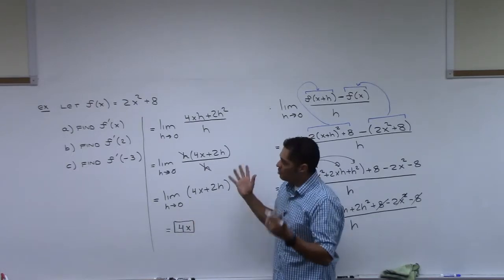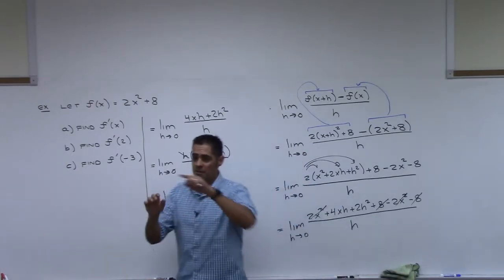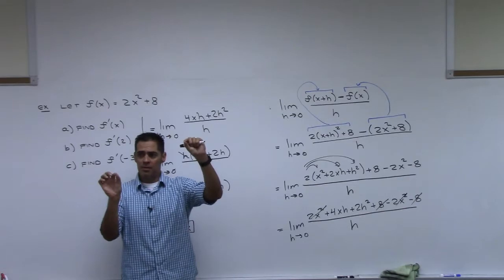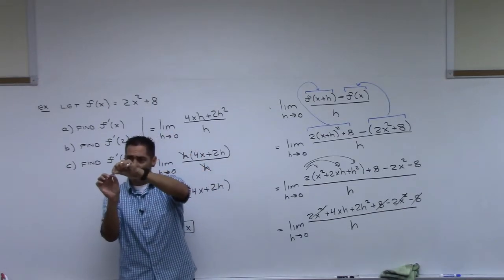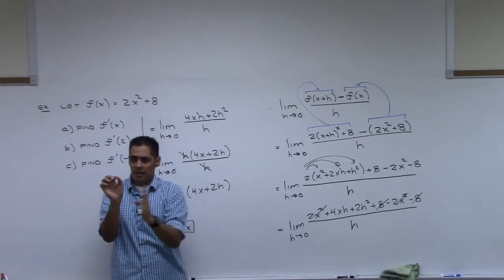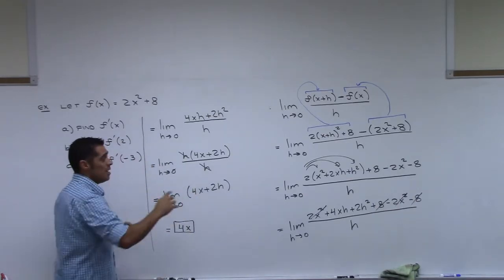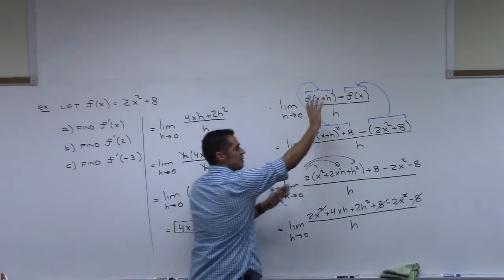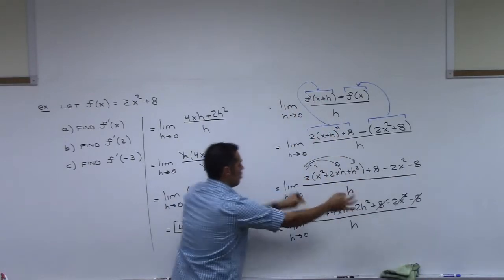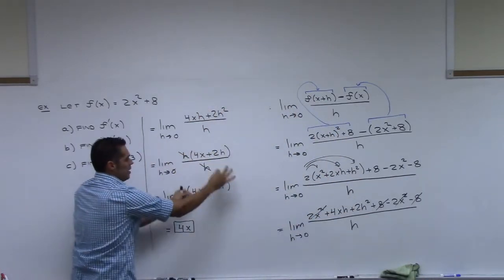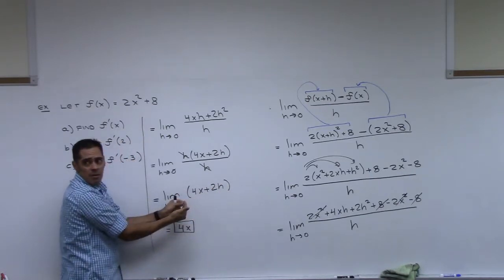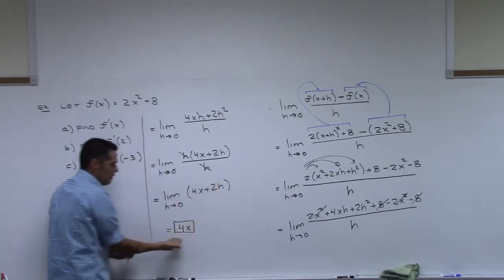And if you're trying to remember what this is about, this was about a curve with 2 points. We were trying to pull that point on top of the other one. And to do that, we let the h go to 0. We kind of slid that point over. So this is going to give us the slope of the line between 2 points the whole time. And then when we get to the very end, we say, okay, now slide the point over. And when we slide it over, it kills this off, and that's all that's left.